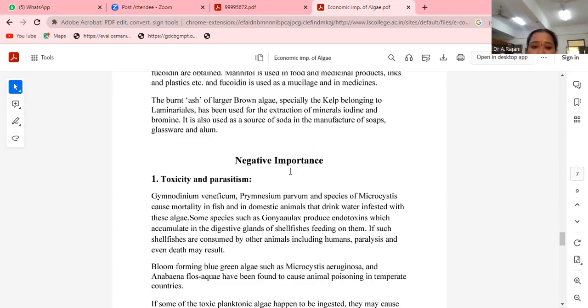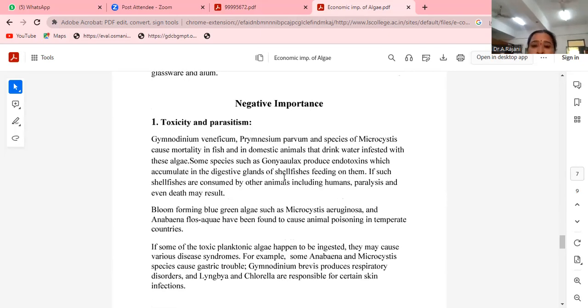These are the useful ones, no? Some are also of negative importance: toxicities, parasitism. Yesterday I told you, no? Cephaleuros causes red rust disease in tea plants. That is one negative. And Microcystis is a very dangerous algae causing diarrhea. If you drink Microcystis water, the algae disturbs the stomach, causing gastric trouble, vomiting, and many diarrheal diseases.